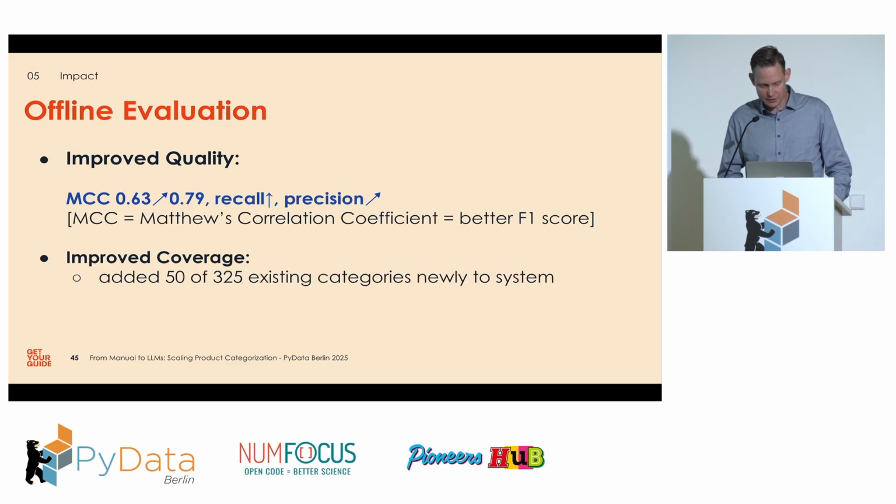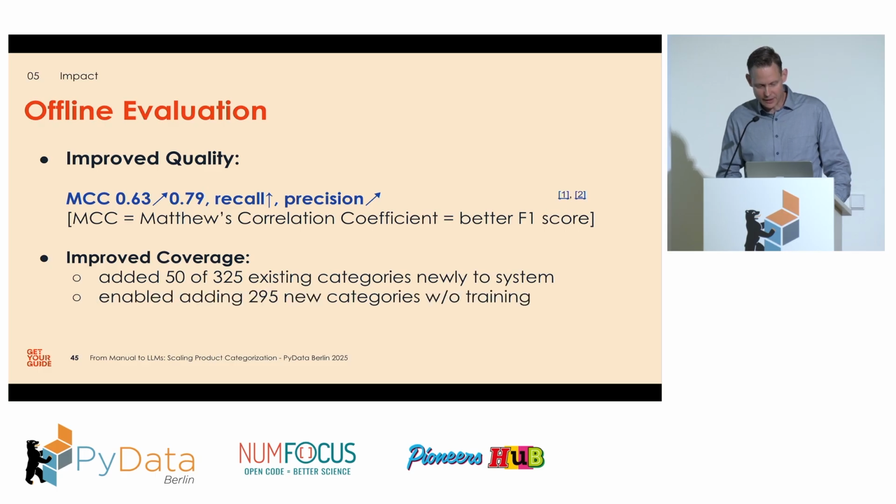We were able to add 50 more of the existing 325 categories. They had to be taken out before because the quality of the vector-based approach wasn't good enough, but with the LLM, we could put them into the automation. And we enabled another team to add 295 new categories, expanding to more niche things, which also had a quite positive business impact.